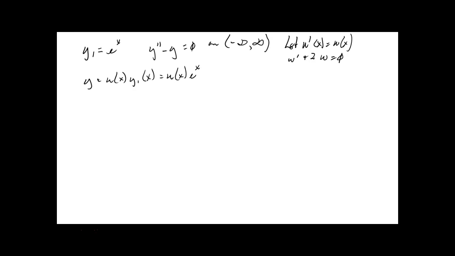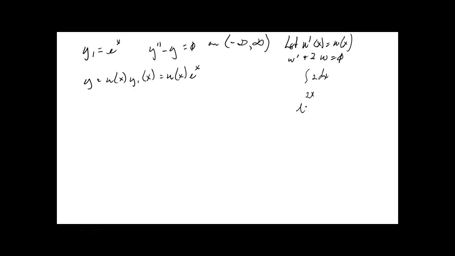So we have a linear equation in W and X. Okay. How do we solve this? Let 2 be the p of x, and we're just going to integrate 2 dx, and that gives us 2x, and then raise that to the e.